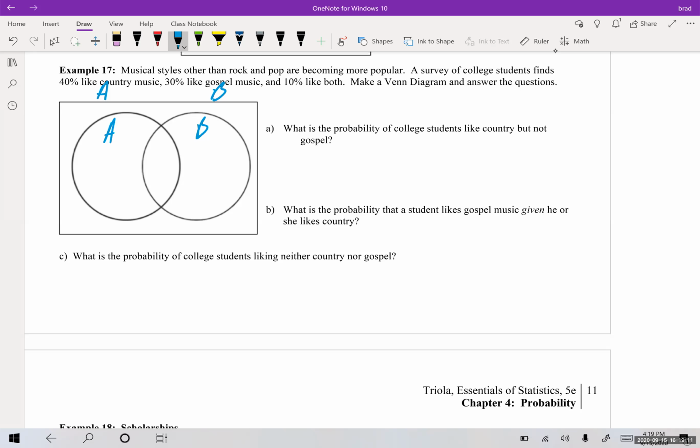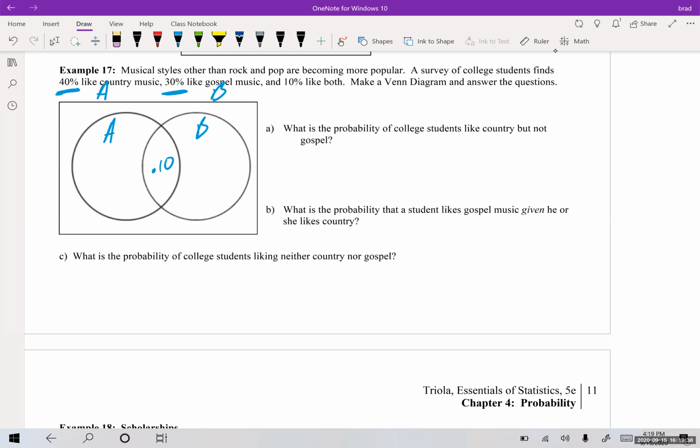So we already know this middle part has to be 10%. Now here's the common mistake. Somebody will put 40% there, and then somebody will put 30% there, because 30% like gospel and 40% like country. But if you add this section plus this section, wouldn't you get 50%? And there's not 50% of people that like country according to this.